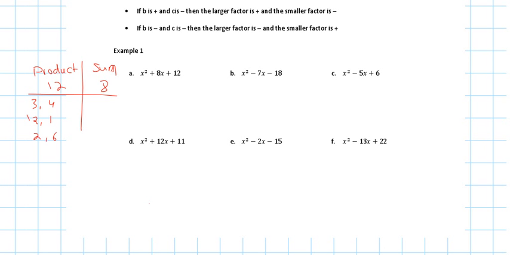So add to 7, add to 13, add to 8, which means my factors are 2 and 6. I'll write it as x plus 2, x plus 6. Remember that in this case, both B and C are both positive. So that means both my factors are going to be positive, right?